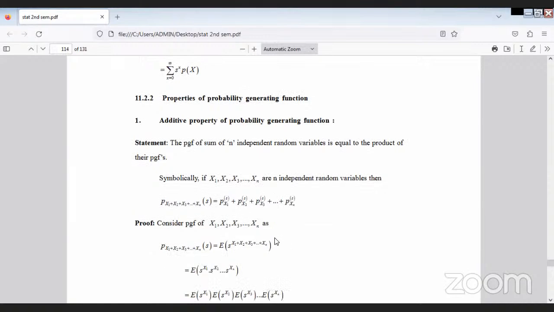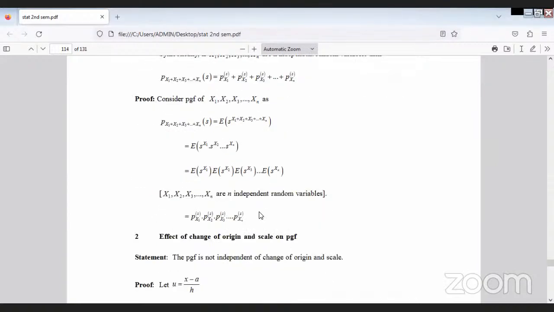Symbolically, if X1, X2, X3 and so on, Xn are n independent random variables, we can write P of X1 plus X2 plus X3 plus Xn of s. So P_(X1+X2+...+Xn)(s) is E of s power X1 plus X2 plus X3 plus Xn. We can write it or not? Yes, sir. So for the additive property, we should take that X1, X2 are independent random variables, right, sir?